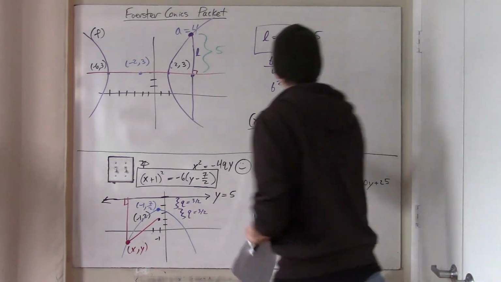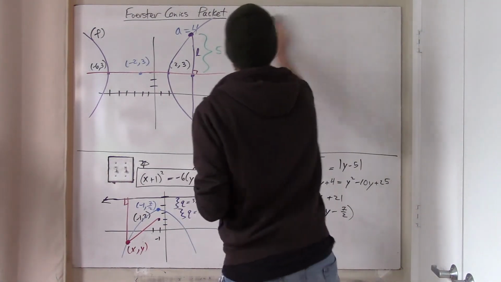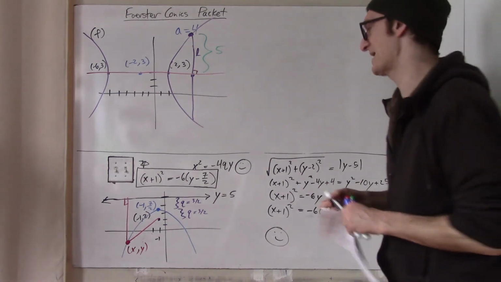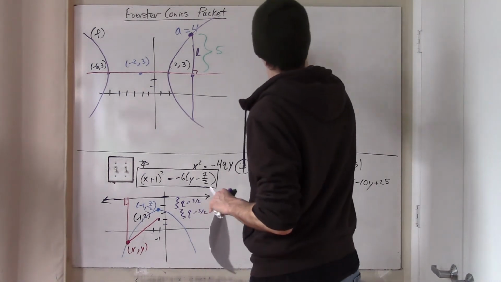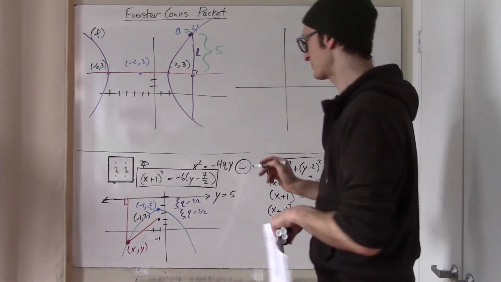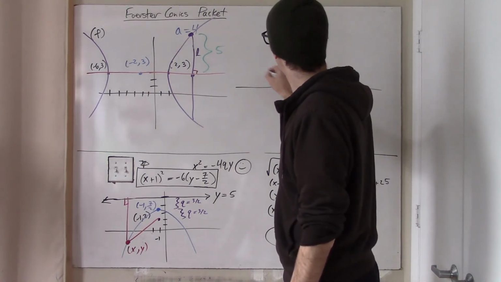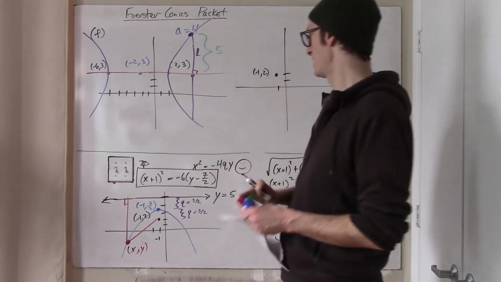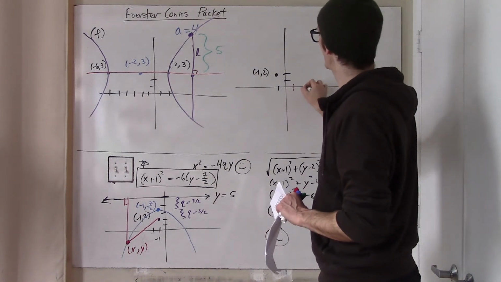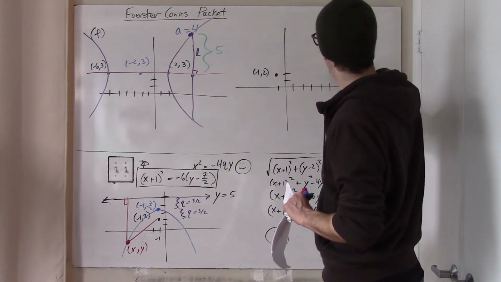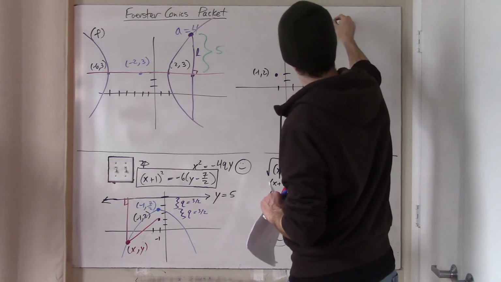Okay, so let's take 1 minute and just do this really fast. It's not y equals 5, it's x equals 5. Oops. Okay, so doing this really fast, the thingy up here is negative 1, 2. The focus, the directrix, 1, 2, 3, 4, 5, is the line x equals 5.